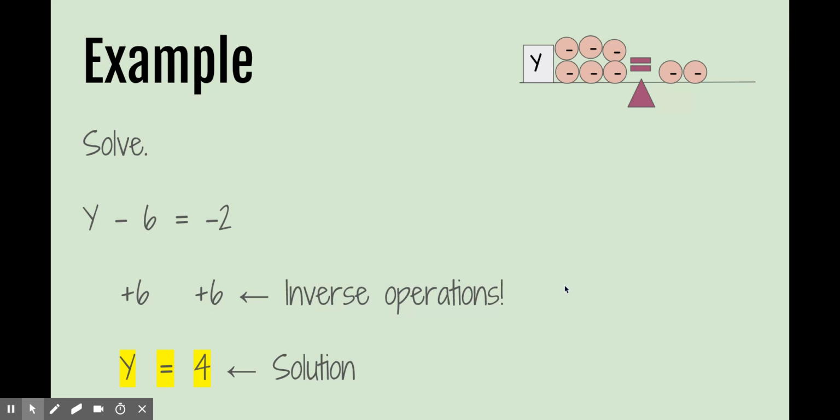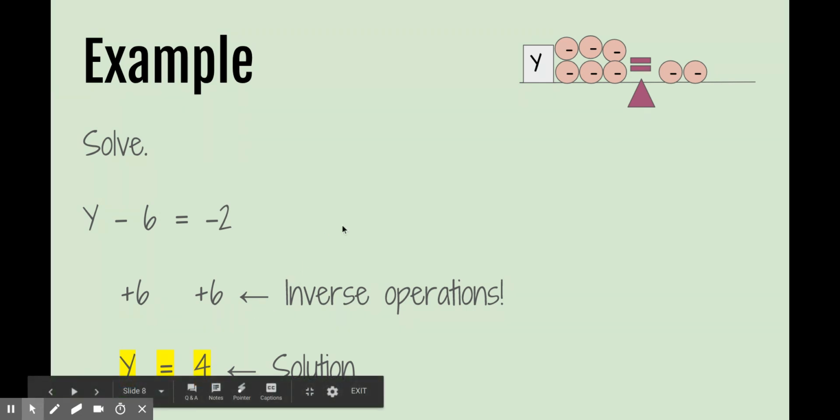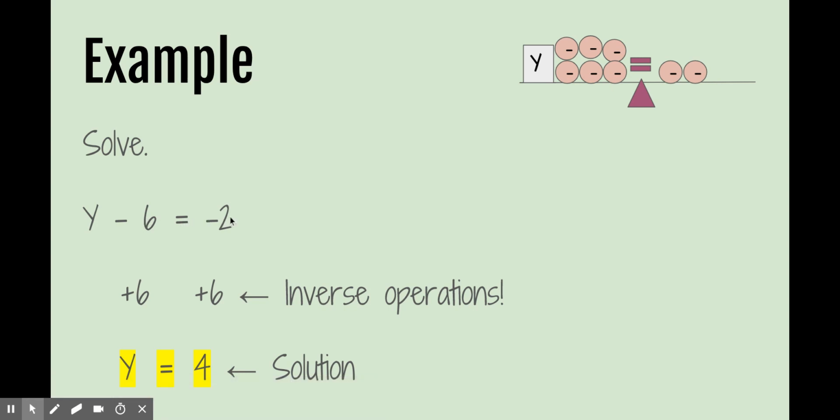So here's an example just from start to finish where you'd have an equation, you'd have to solve it, we're going to check the solution, we're going to model it, and put it on the number line. So we're kind of tying everything together. If I gave you this equation that just says solve, y minus 6 equals negative 2. First of all, this equation is modeled over here by this picture.